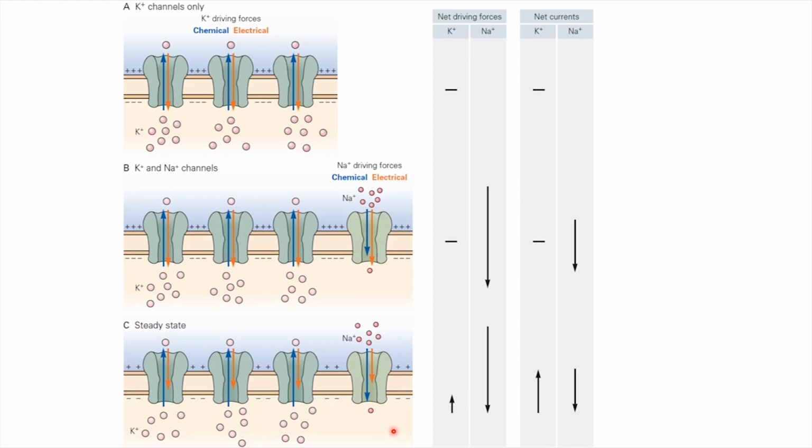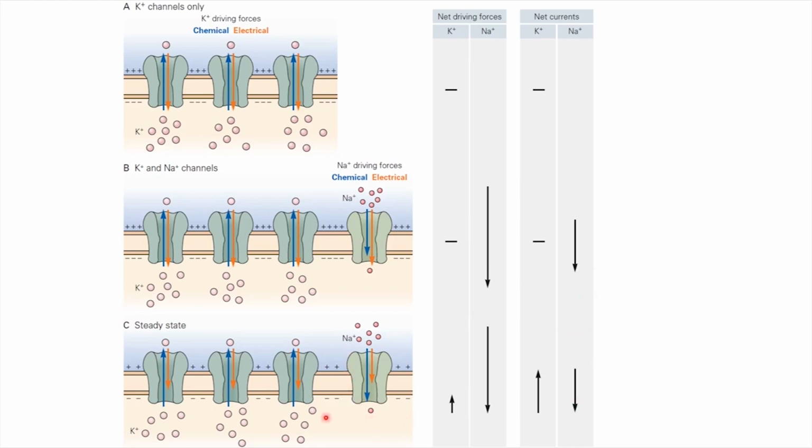So the movement of a few ions does not change the gradients very quickly. Overall, the two driving forces are still in the same direction, but the magnitude would be slightly reduced compared to the beginning. And therefore the current of sodium will also reduce relative to the beginning.